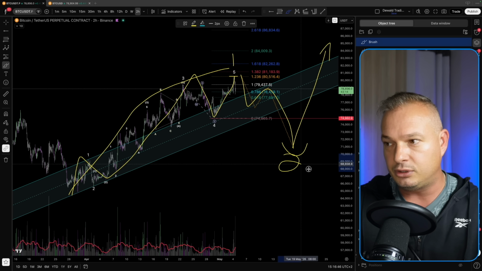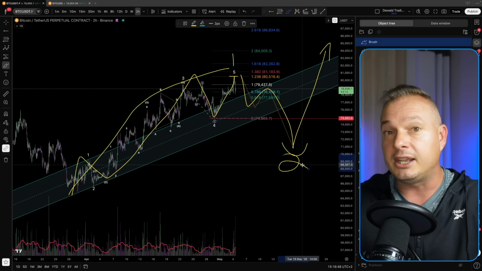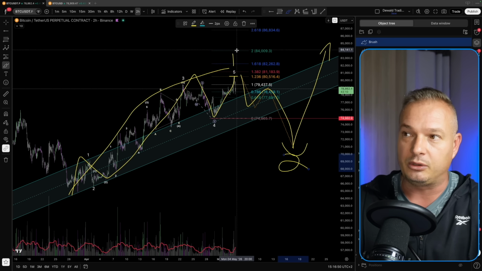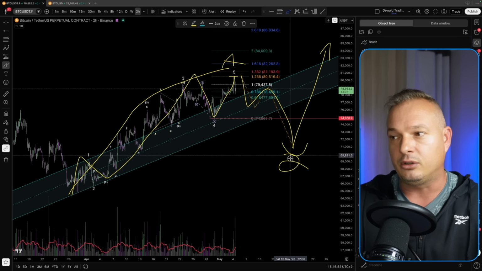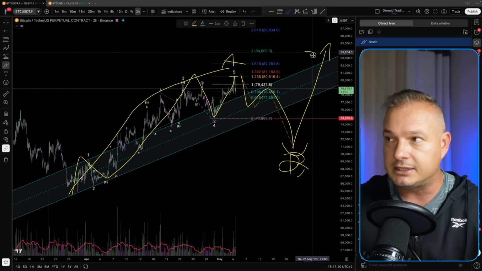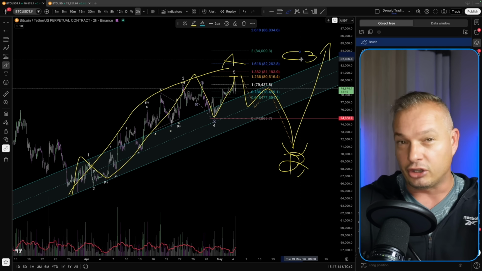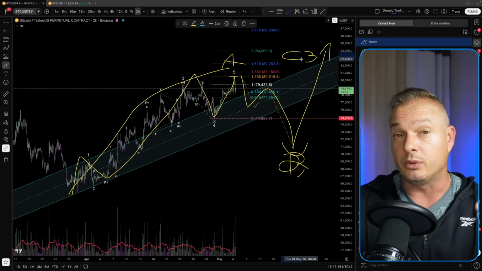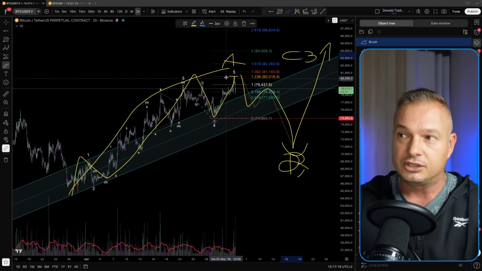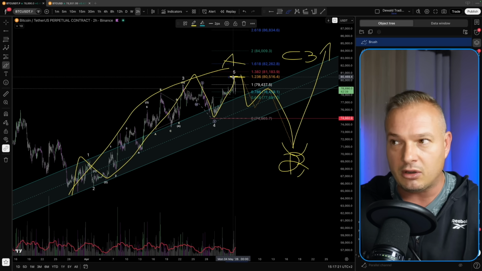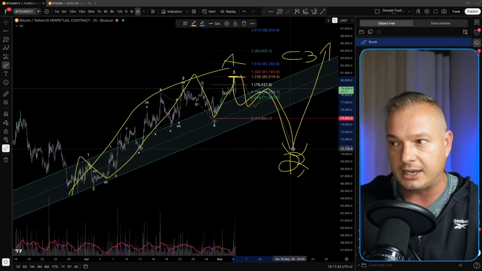Then you have your wave 2, and it goes up for a third explosive or a C wave to the upside, where this can also be a wave A, that can be a wave B. But basically, whether this is a third wave or a C wave, I actually don't care, because they are usually both explosive waves with a lot of volume behind them. So this is potentially the shorting opportunity for a deeper correction.